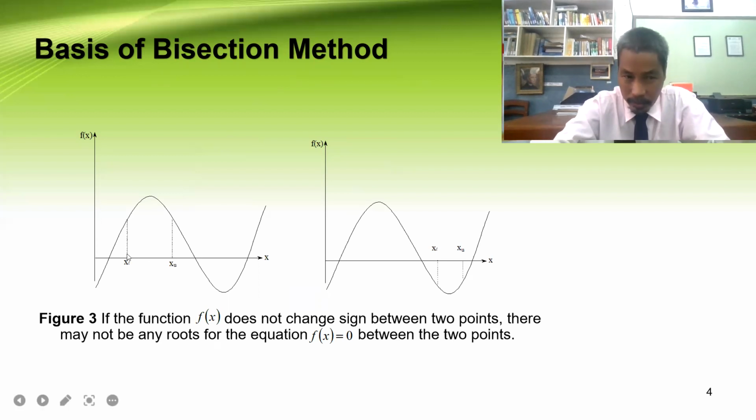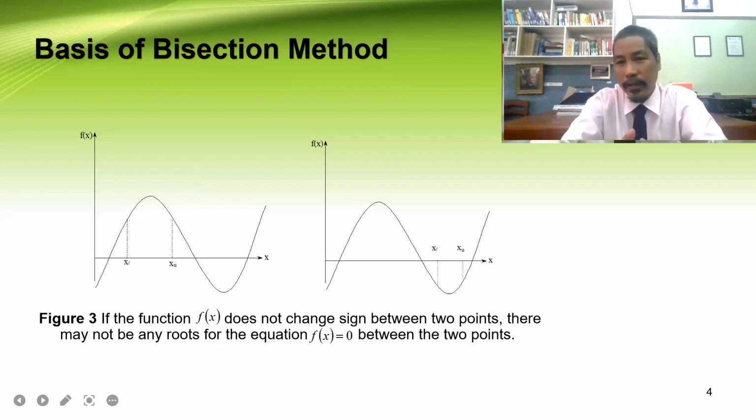In this figure, between XL and XU, the values of the function are both positive here, and both negative here, going down. But between these two, there are no roots, meaning there is no intersection with the x-axis.